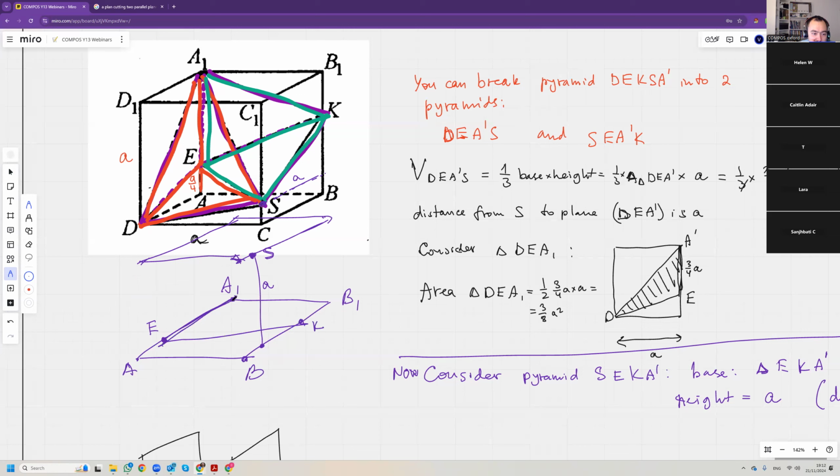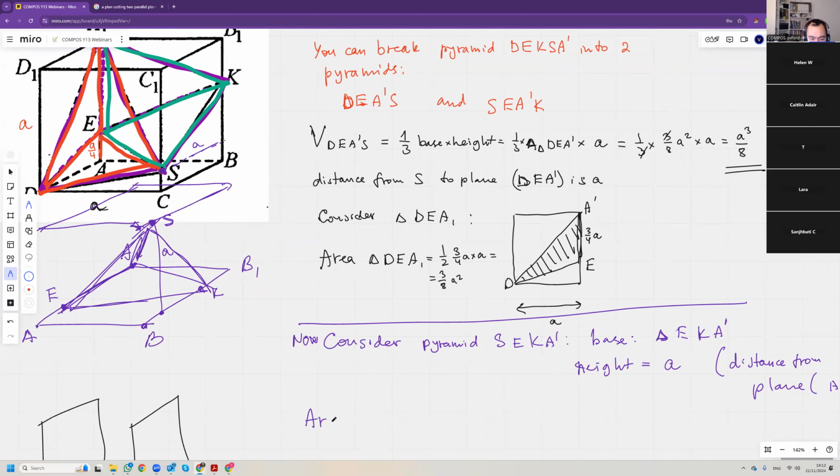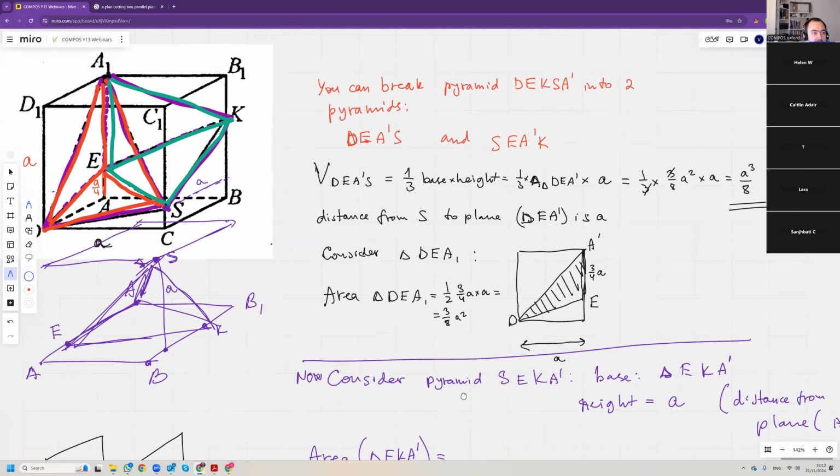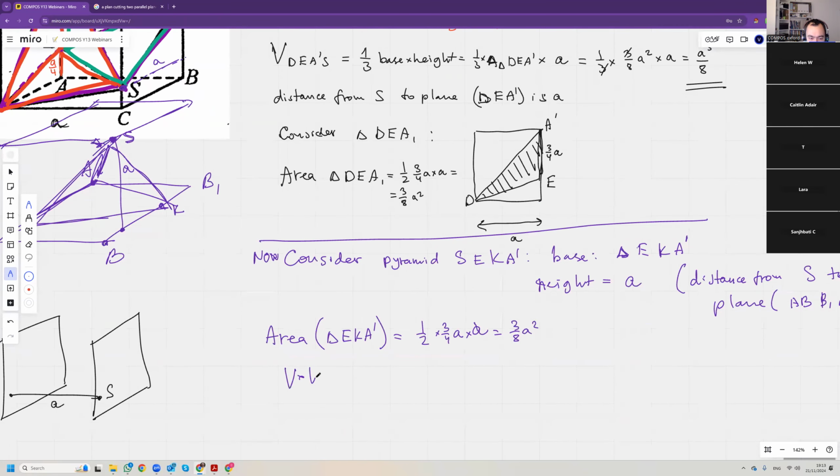This is the pyramid. Volume is base times height. The area of triangle EKA' is 1/2 base times height, 1/2 times 3/4 A times the height, which is also A, so 3/8 A squared. The volume of the pyramid SEKA' is 1/3 times the base, 3/8 A squared, times the height A, which is A cubed over 8.